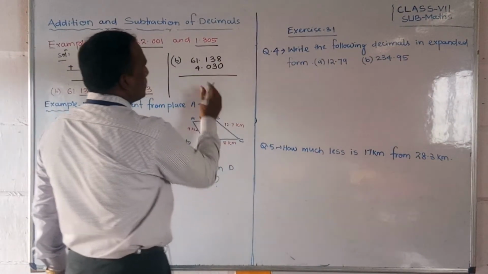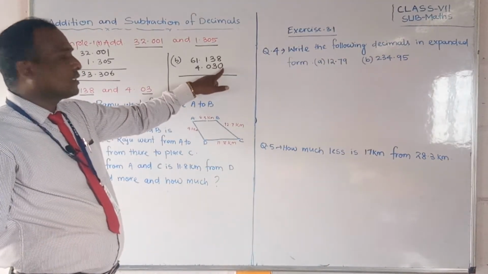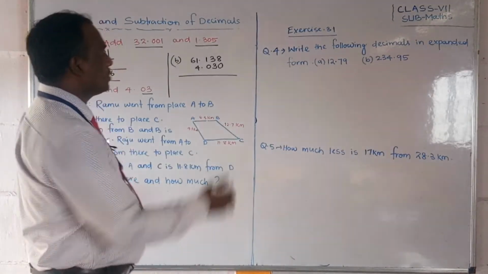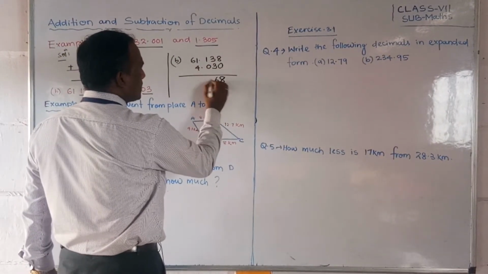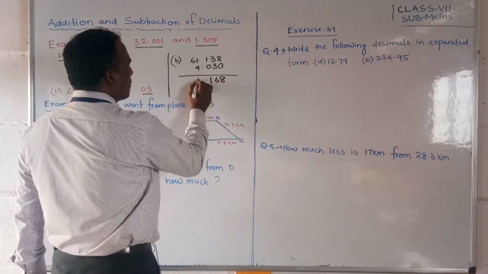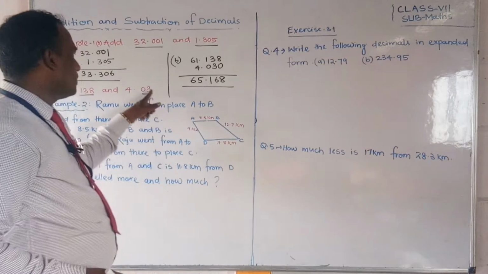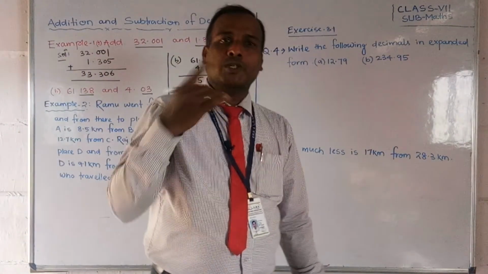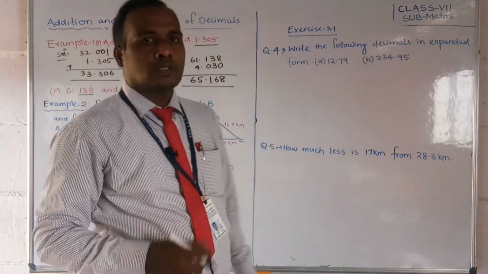So it is actually 4.03, and after that I added a 0. If you put that 0, the value won't change, so it is very easy to add. So it is 0, 3, 3, 6 and 1, then 1 plus 4 is 5, and the answer is 65.168. Did you understand, friends? According to your decimal places, if possible, you can add some zeros on the right side.